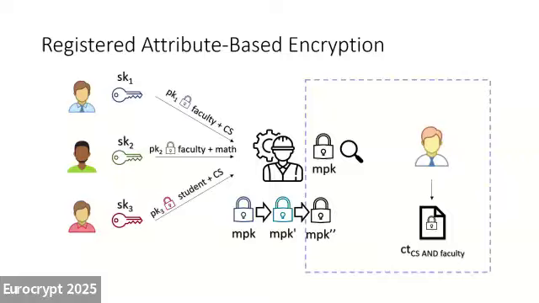And to capture the efficiency of a regular ABE scheme, we require that this master public key is short and doesn't grow with the number of users that come in to be registered.